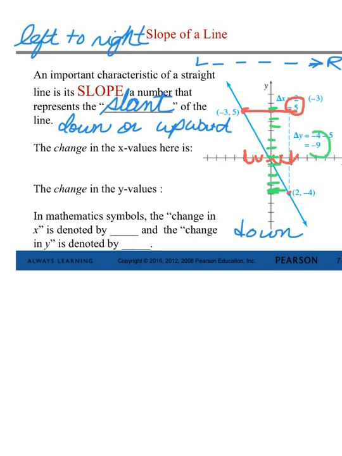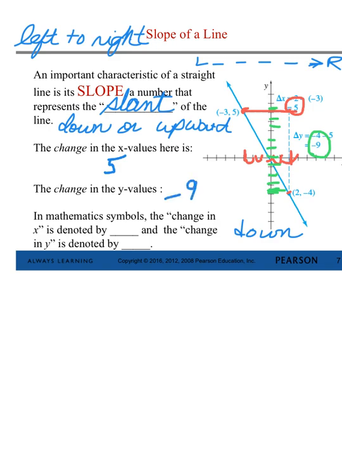And since we're going top to bottom, because we read left to right and top to bottom, then that change is actually negative 9 because we went down to get that. So our change in y, which we call delta y, is equal to negative 9. So the change in the x values here was positive 5. The change in the y values was negative 9.